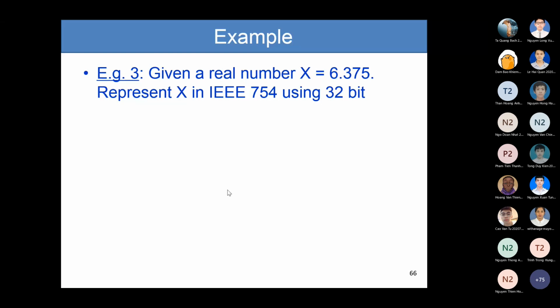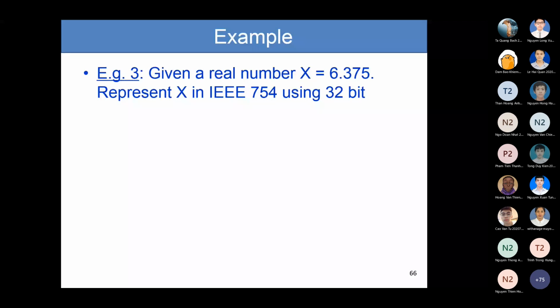Okay, so x equals 6.375. This is a real number in the decimal system. First of all, we need to convert it into the binary system.